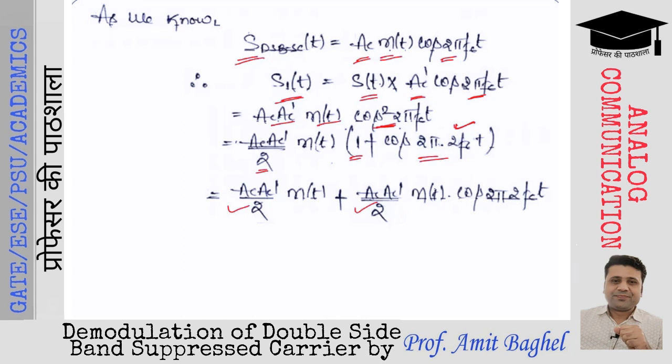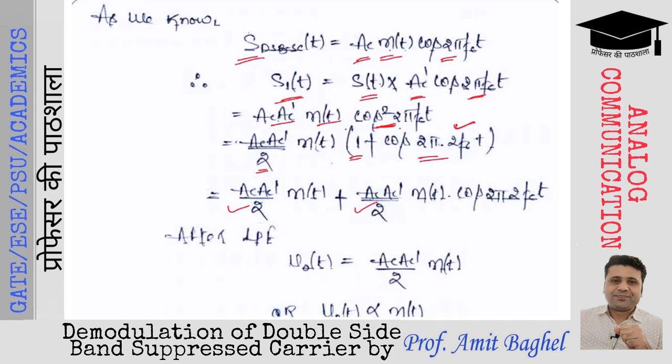Once we pass s1(t) through the low pass filter, we'll get v0(t), the output voltage, and the output voltage will be the lower frequencies of s1(t) only. Higher frequencies will be eliminated or filtered out with the help of the low pass filter.